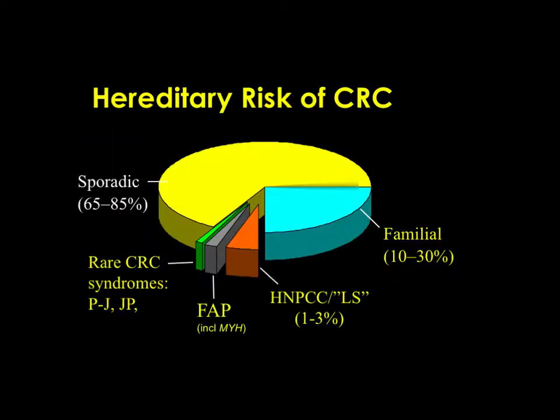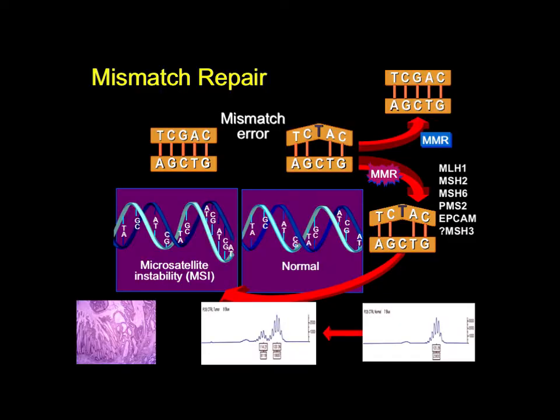But we have to remember that HNPCC, and sorry, Rick, I don't use that other word, HNPCC doesn't account for more than about 3% of colorectal cancer, but it is a great paradigm. And it's a great paradigm because of the way it follows the mismatch repair pathway, which when it works, identifies and corrects single and other nucleotide mismatches.